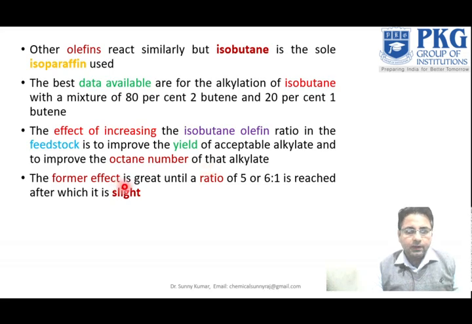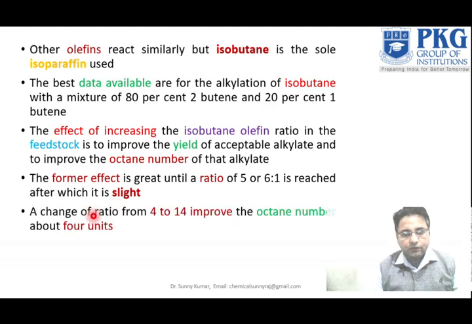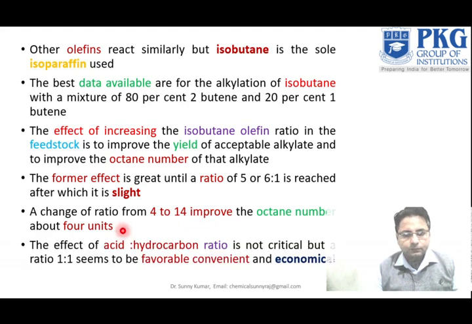The former effect is great until a ratio of 5 or 6:1 is reached, after which it is slight. A change of ratio from 4 to 14 improves the octane number about 4 units. The effect of the acid to hydrocarbon ratio is not critical, but a ratio of 1:1 seems to be favorable, convenient and economical.